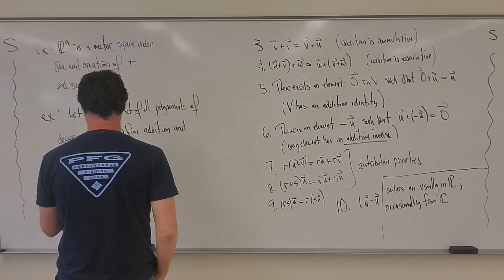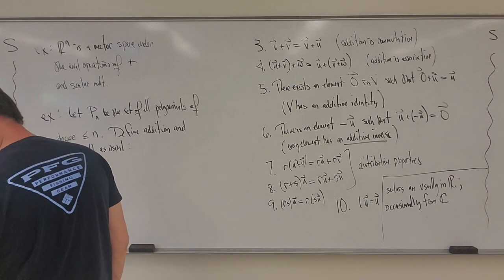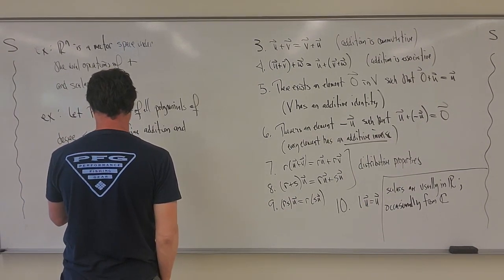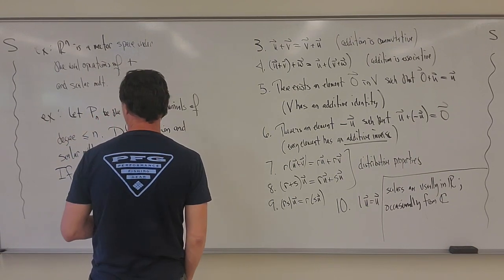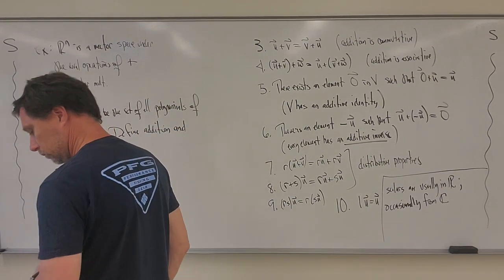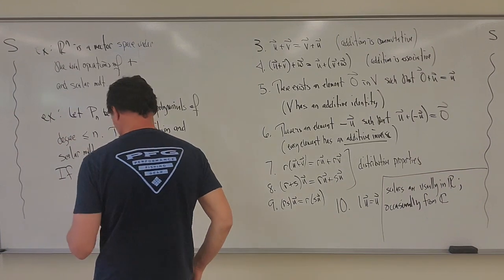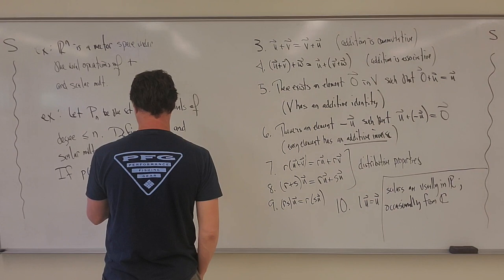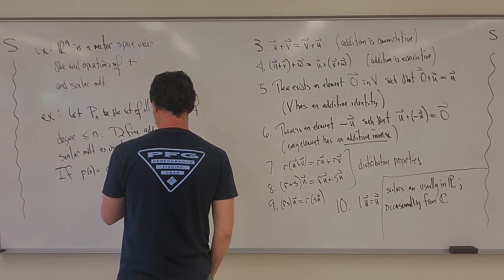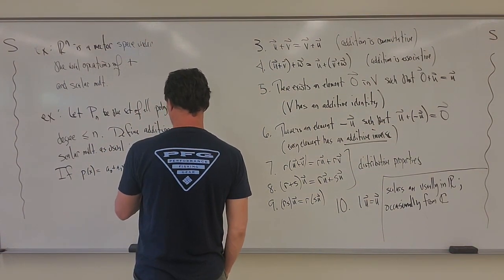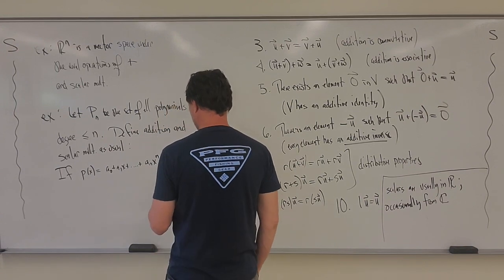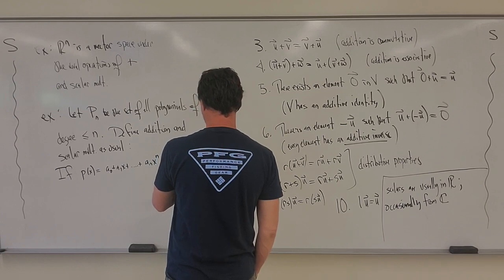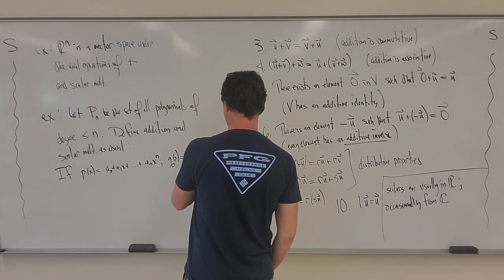That will be a0 plus a1x plus dot dot dot, up through a sub n x to the n, since we're doing degree n. And q of x equal to b0 plus b1x plus dot dot dot plus bn x to the n.